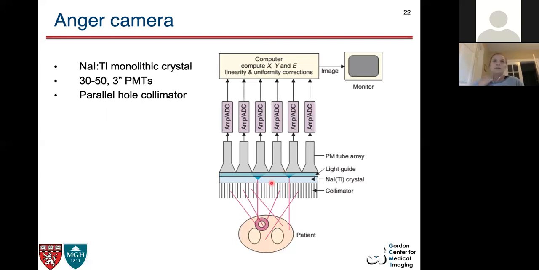By doing this, the interaction location in the detector is directly correlated with the emission point inside the patient. By doing this with a large number of projections, we can form an image of this distribution of radioactivity inside the patient.